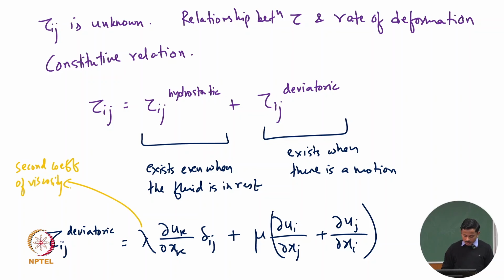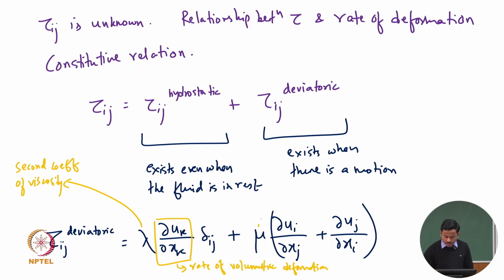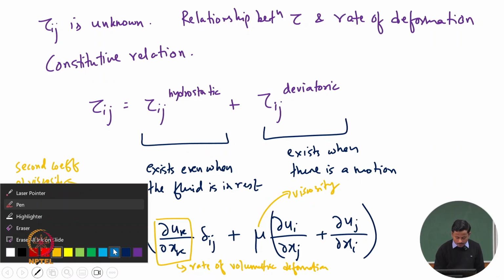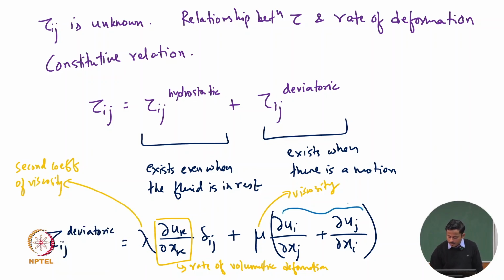This is the rate of volumetric deformation. This, mu, is plainly called the viscosity of the fluid, and this is the rate of shear deformation.